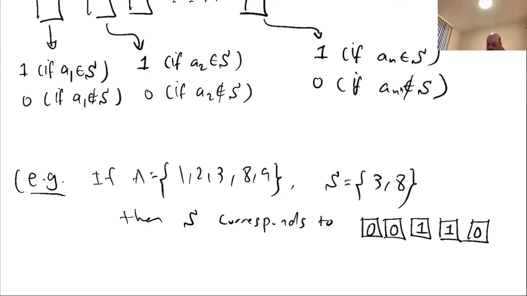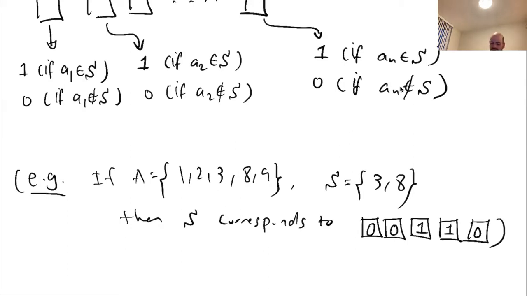So then S corresponds to 0, 0, 1, 1, 0. So each subset of A corresponds to one and exactly one sequence of zeros and ones, where ith element is 0 if AI is not in S, and ith element is 1 if AI is in S.